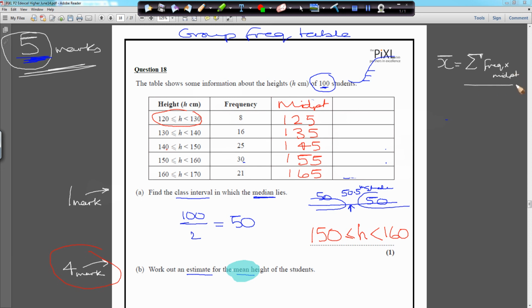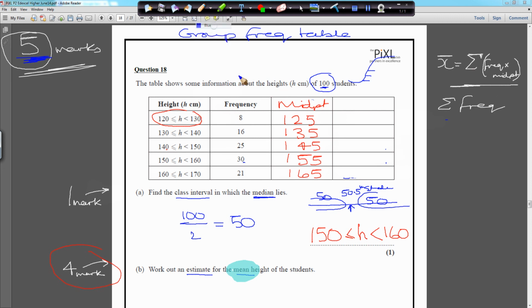That is the top part of the calculation, divided by the sum of all the frequencies, which is 100. So the mean is the sum of the frequencies times the midpoints divided by the sum of the frequencies.